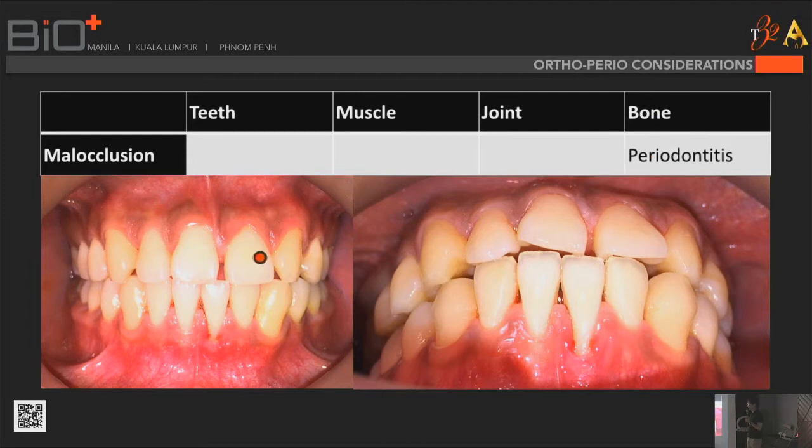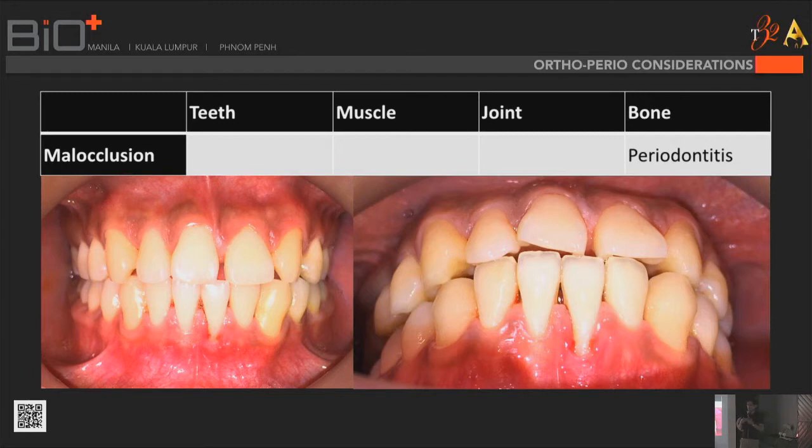Loss of the lateral incisor, right? So that central incisor drifted distally, and what happened in effect was the marginal ridges of this upper central incisor are now hitting on this lower incisor, and as it hits on this lower incisor, remember, it receives a lot of pressure every time that the patient chews, every time that the patient swallows.